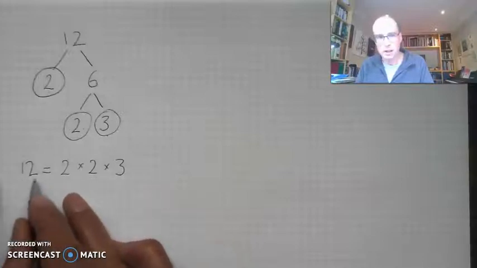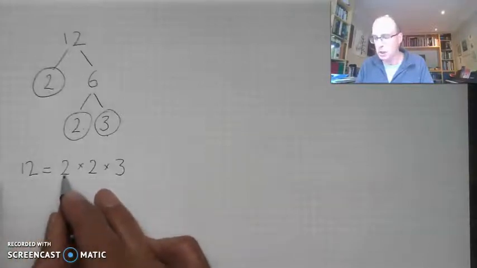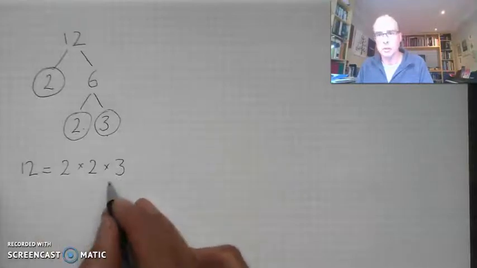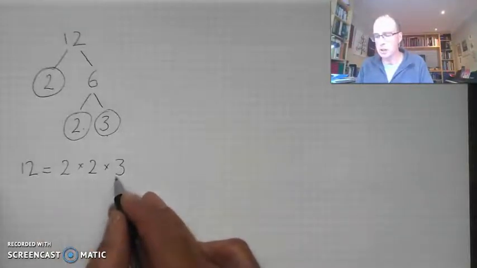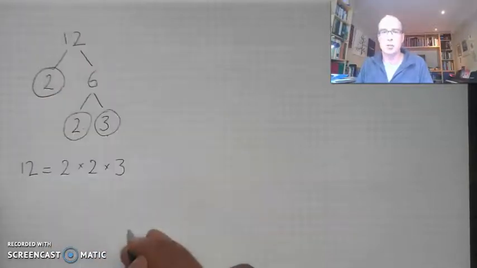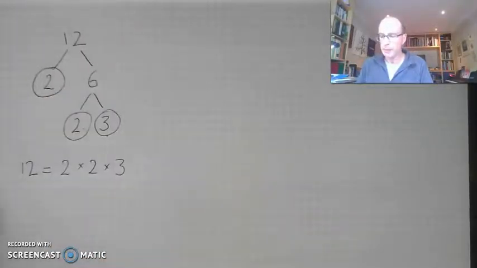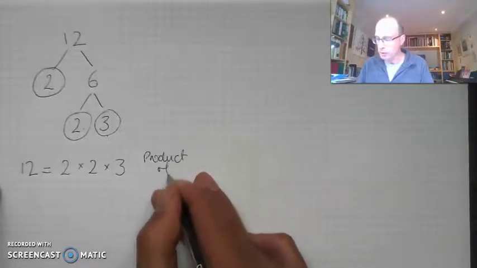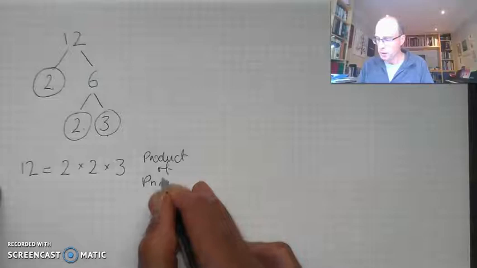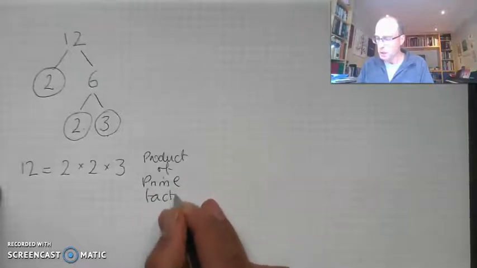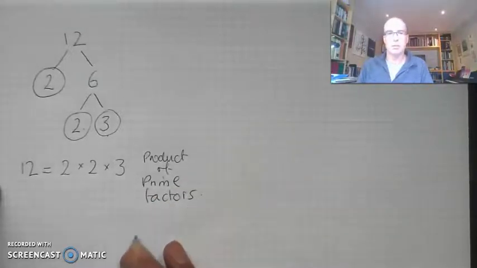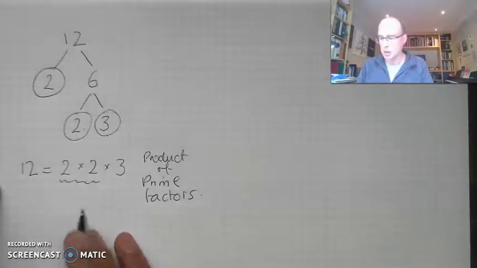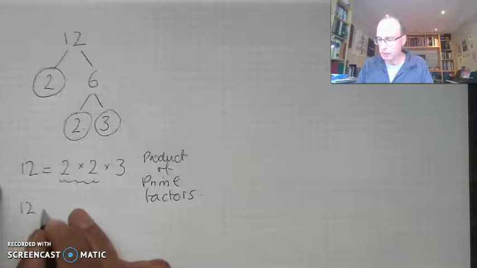It's got to be written as an equation, so 12 equals 2 times 2 is 4 times 3 equals 12, and do the check. So 2 times 2, 4 times 3 is 12, that's the number that I started with, and I'm happy. So that is called product of prime factors. There's one final step that I'm going to do, and that's looking at this bit here. I've got 2 times 2. I can actually simplify this a little bit further.